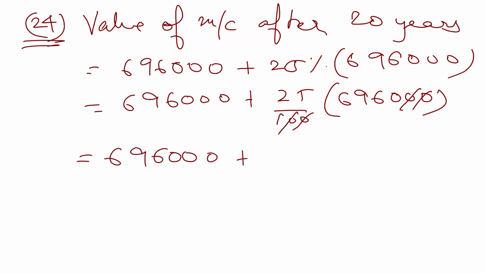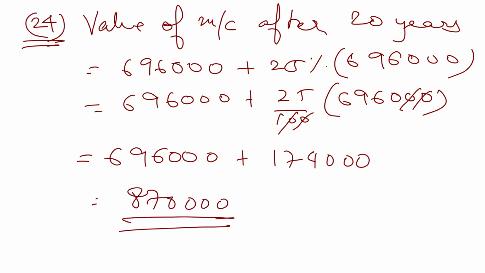You have to multiply this. There should be no error in multiplication, division, addition, subtraction. 6,96,000. So 6,960 into 25. So that is 174,000, and that will be 8,70,000. So in future if he has to purchase this machine, he will have to make sure that this much amount is ready.